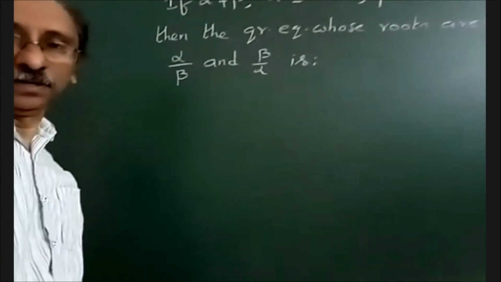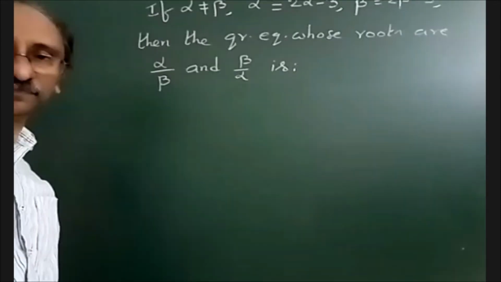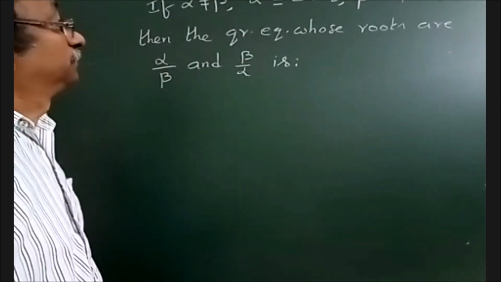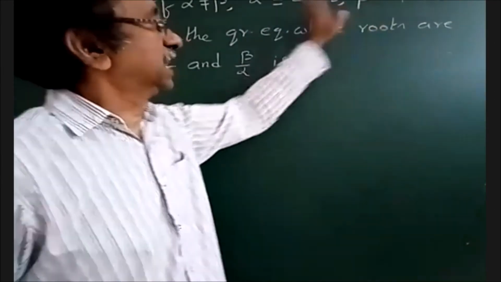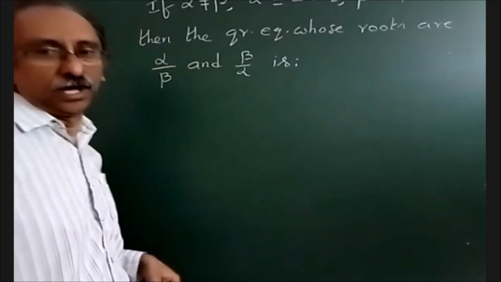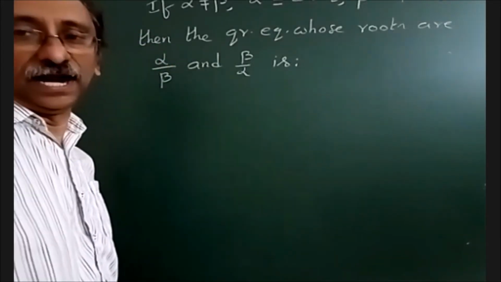So I come closer to this one, right? So if these two equations are satisfied, then find the quadratic equation whose roots are alpha by beta and beta by alpha.